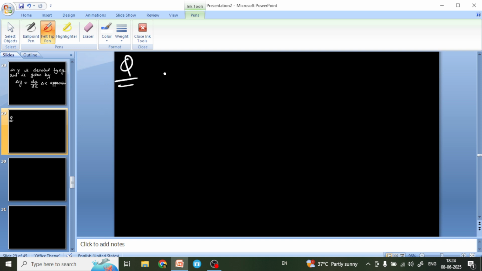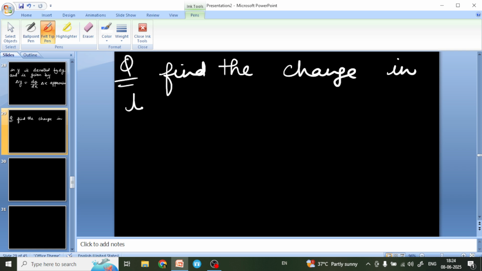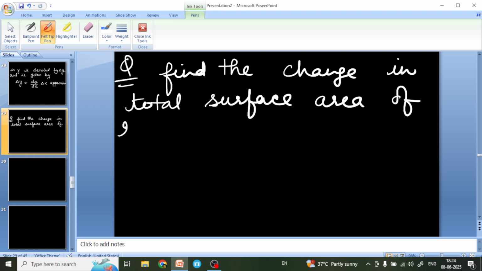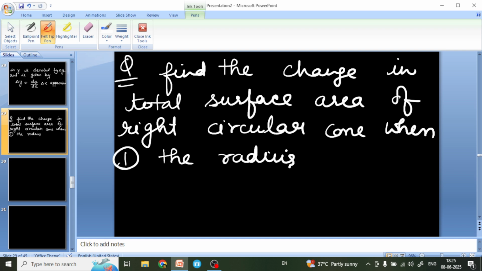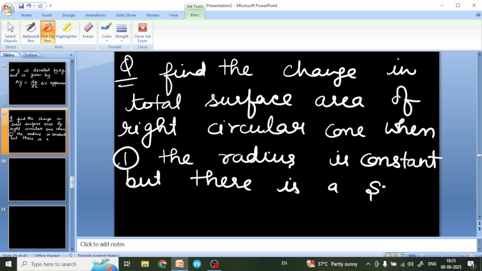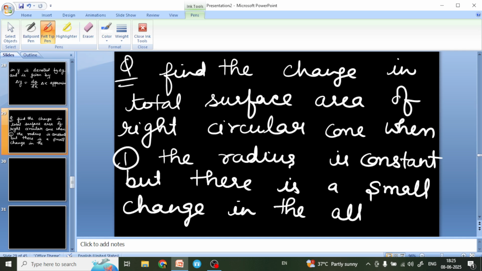One question I am going to solve. Find the change in total surface area of a right circular cone when, first point, the radius is constant, but there is a small change in the altitude.